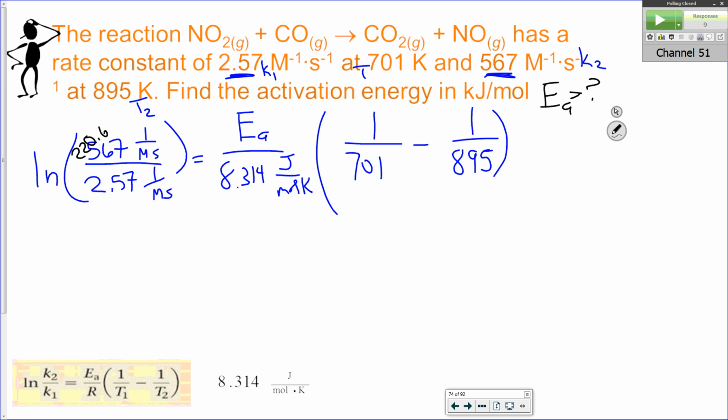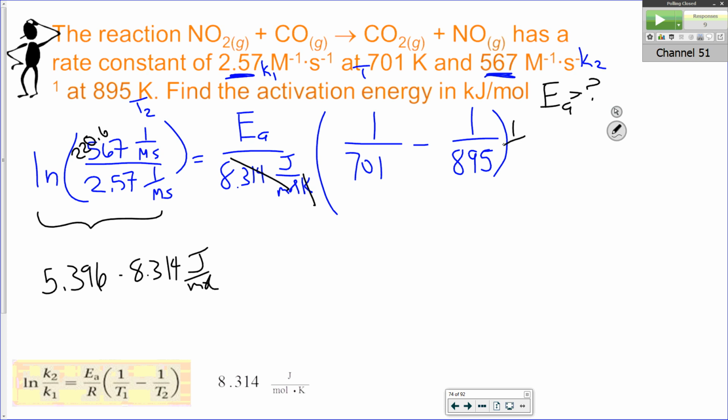I take the natural log of it, and I get 5.396. Now the first thing I'm going to do is multiply this R value over the other side. So 8.314. I'm going to keep the units of joules per mole. The K is going to cancel out with the inverse K in this one, so the K's are gone.